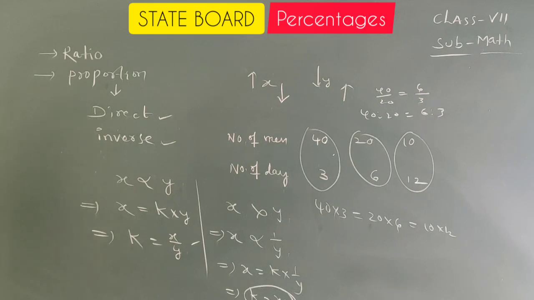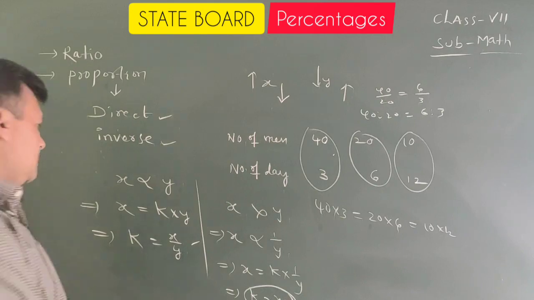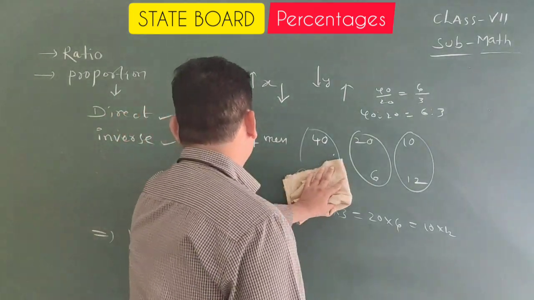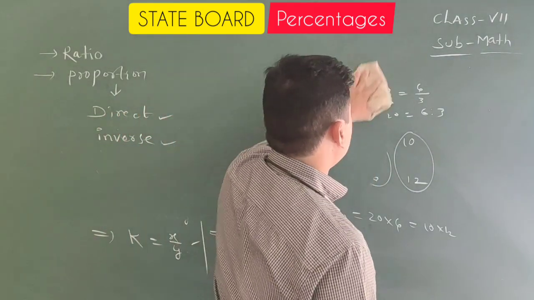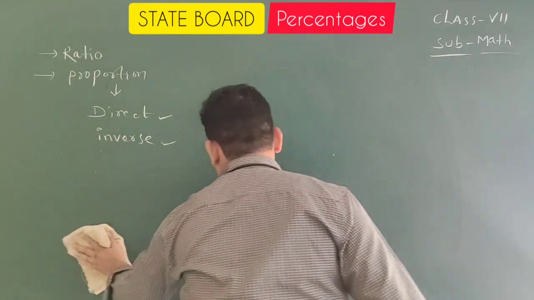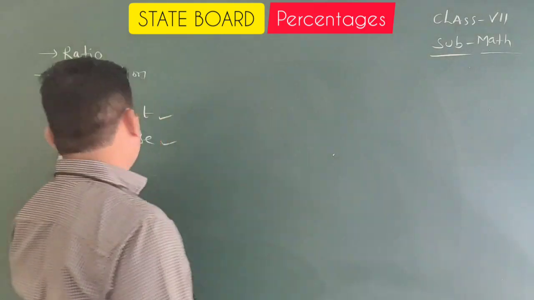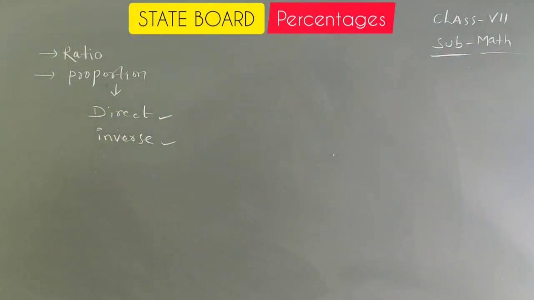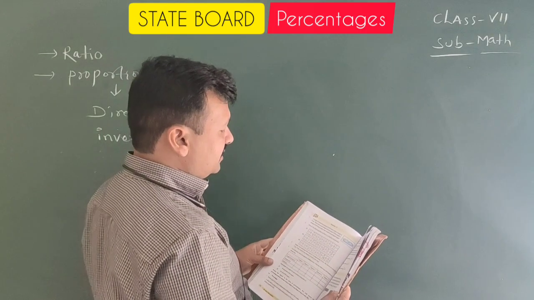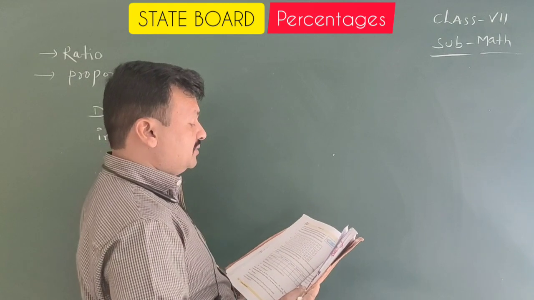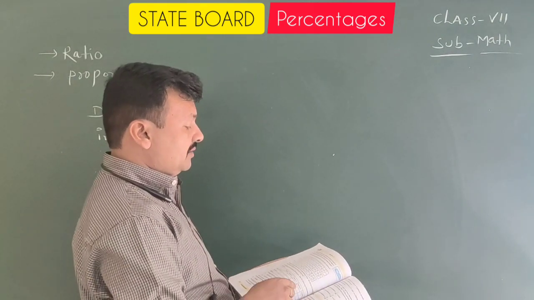While coming to exercise 3, we have the first one: the length of a battery enlarged 50,000 times attains a length of 5 centimeters.